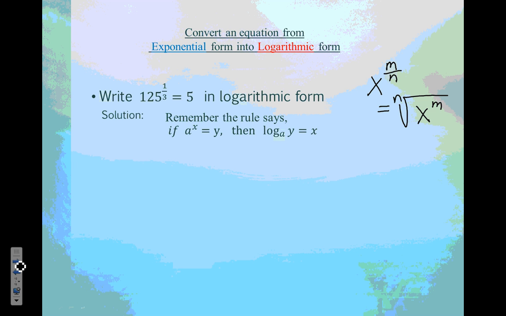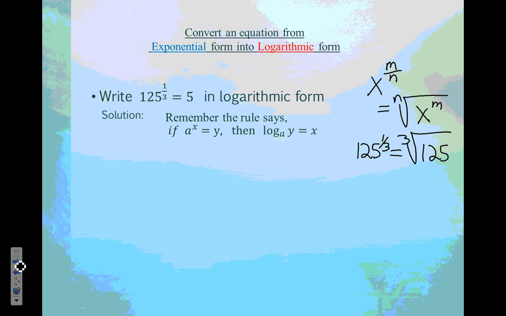So what you have here, let me write it on this side, 125 to the 1/3 power is equal to, use this rule, the cube root, so the 3 comes out here, of 125 raised to the 1st power, which is just 125. So ask yourself, what number times itself 3 times gives me 125?